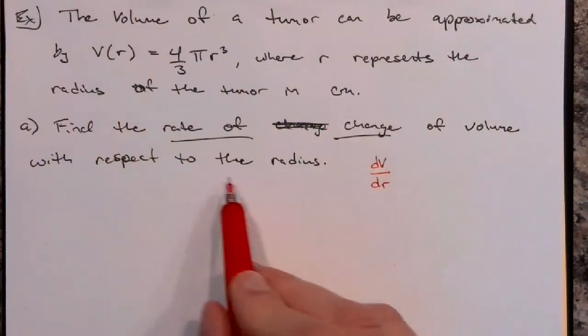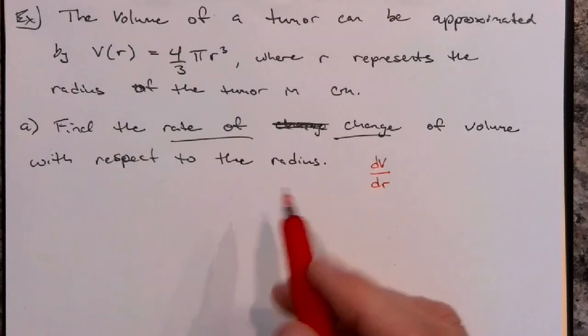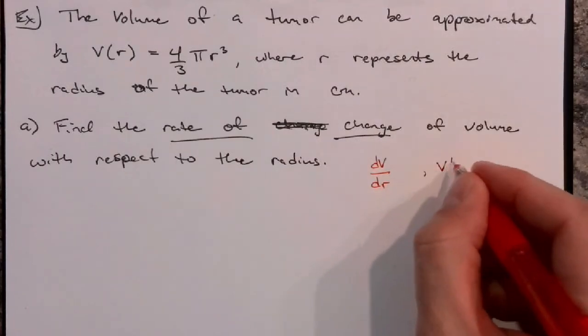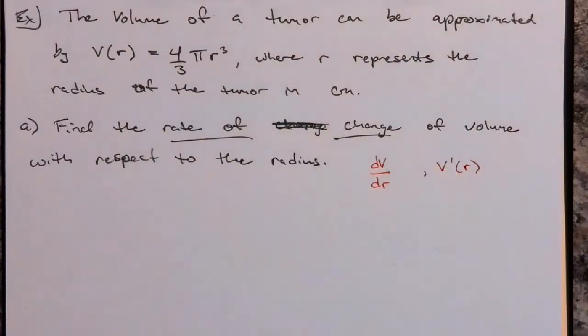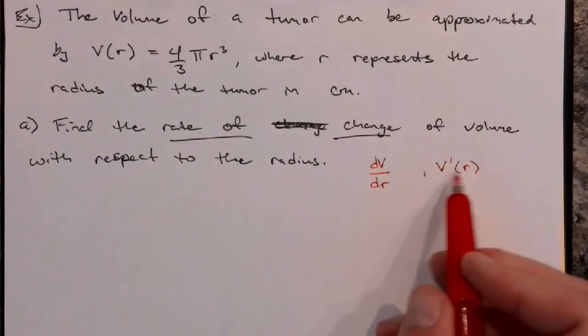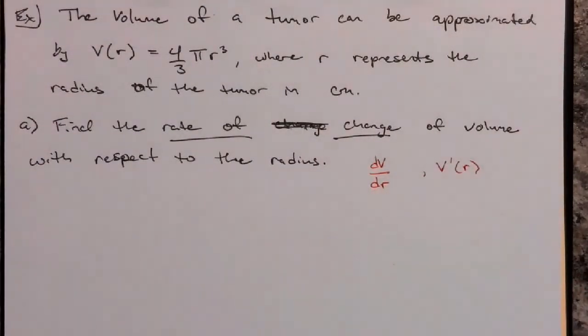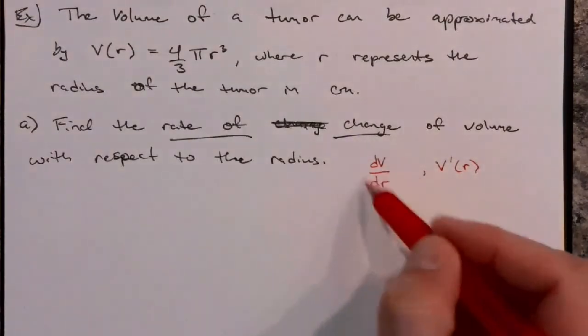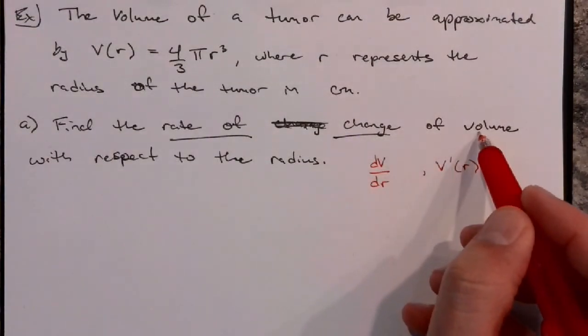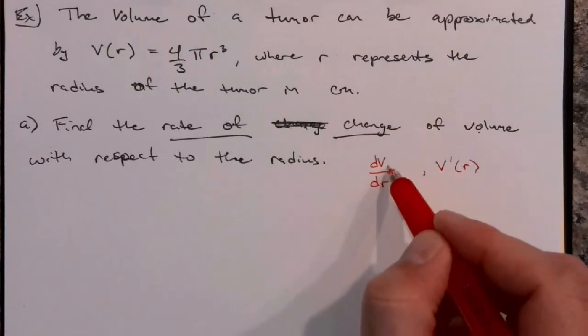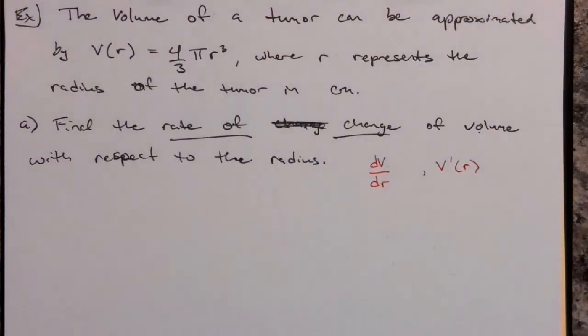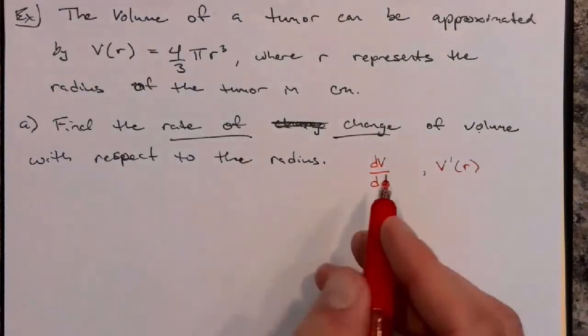Or you could think of this as being V prime of r. That also means a derivative. dV over dr is our Leibniz notation; V prime is more traditional notation. This kind of helps you see what they're asking, right? The rate of change of volume with respect to the radius is dV over dr.